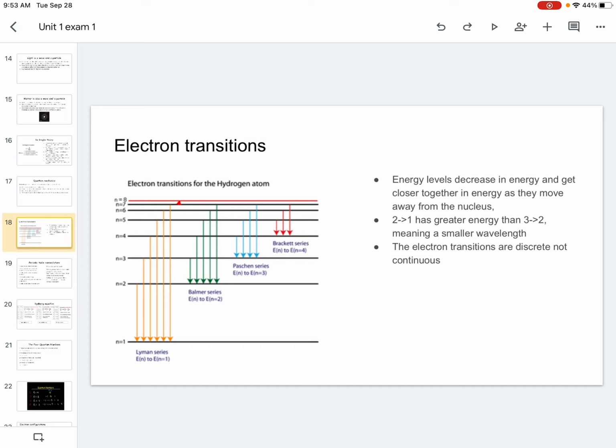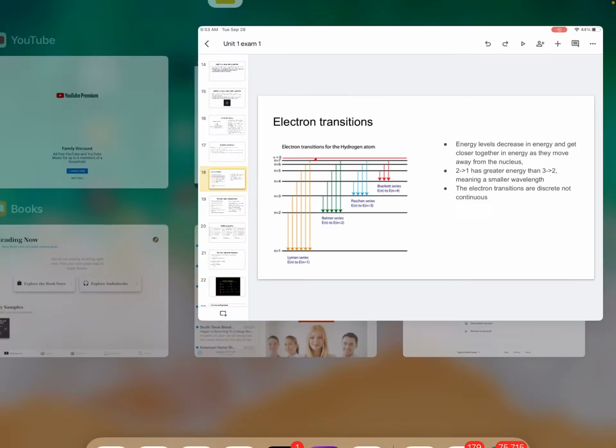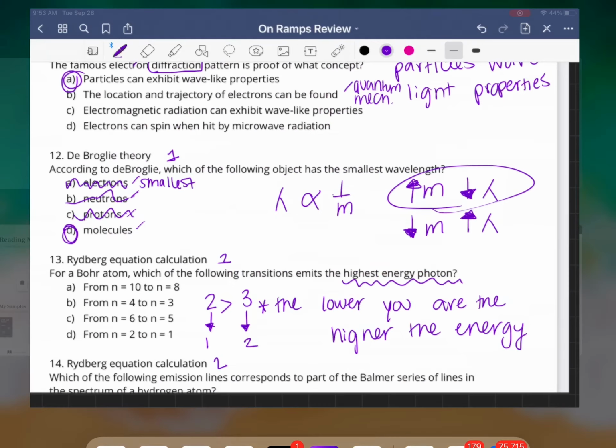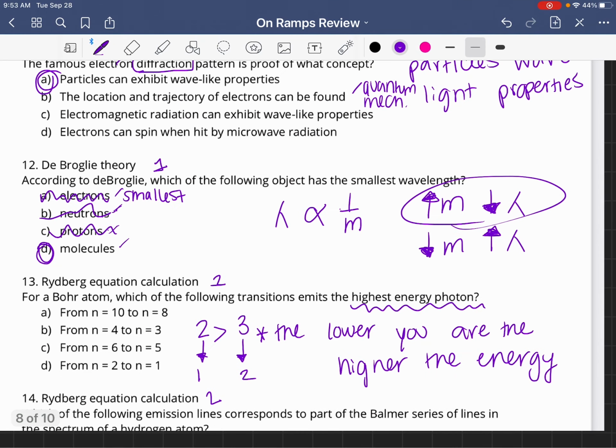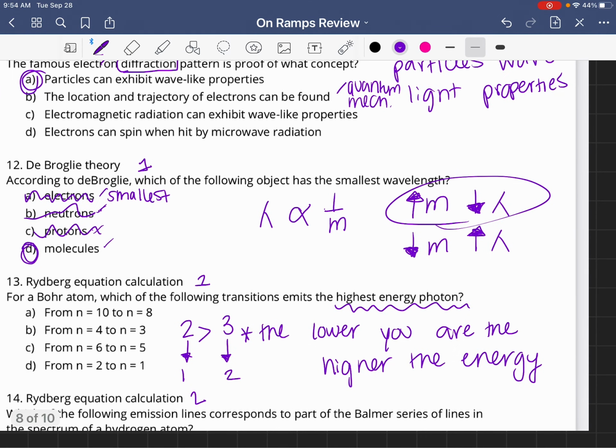So 2 to 1 has a greater energy than 3 to 2, meaning it has a smaller wavelength. So highest energy would be from N, 2 to 1. They're not asking about wavelength. If it was wavelength, it'd be the opposite.